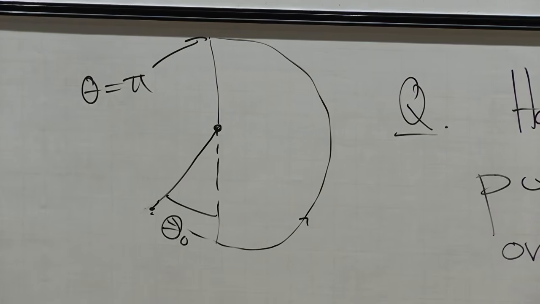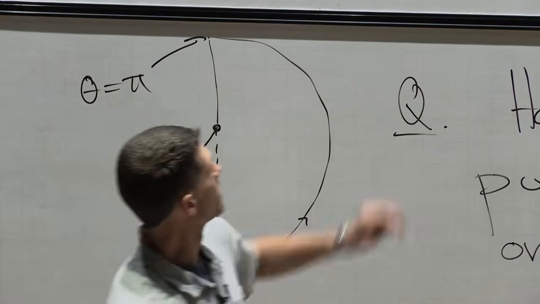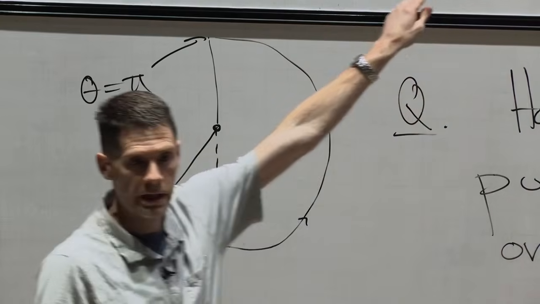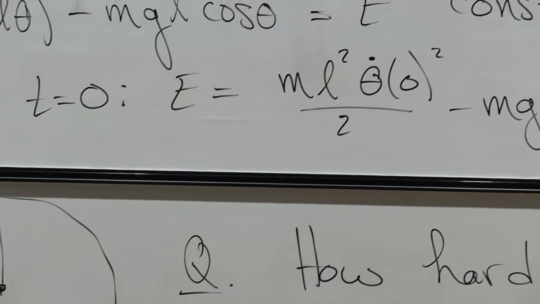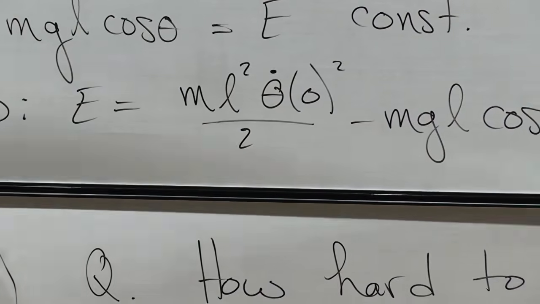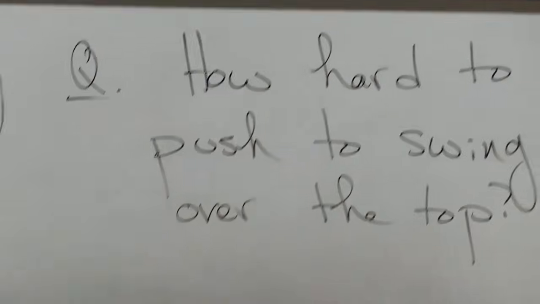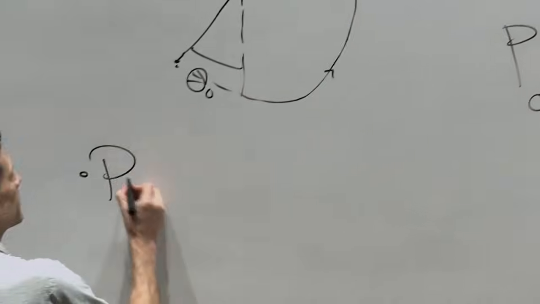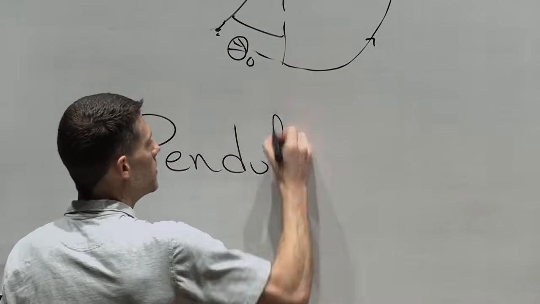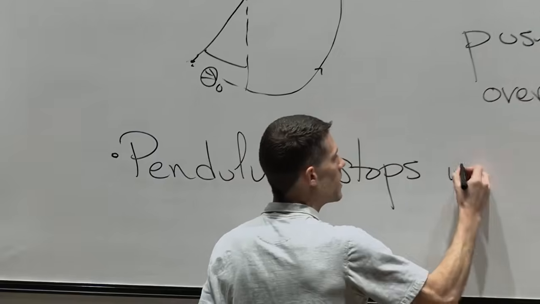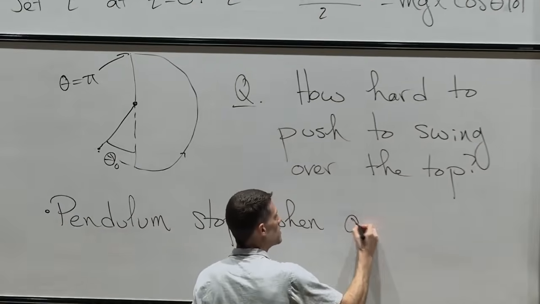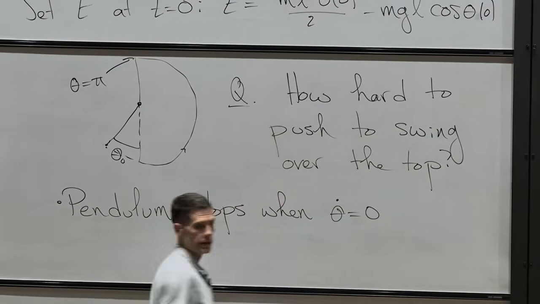I need to have reached that point and still have theta dot non-zero, right? So the pendulum stops when theta dot equals 0.